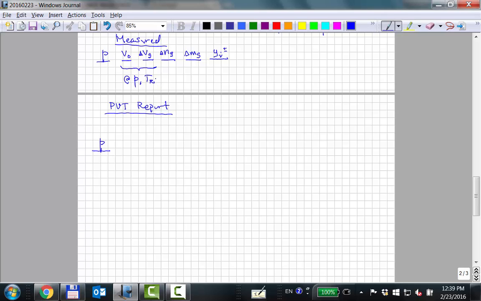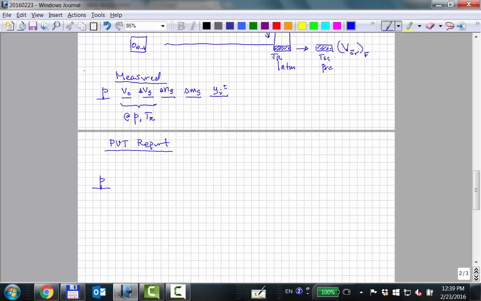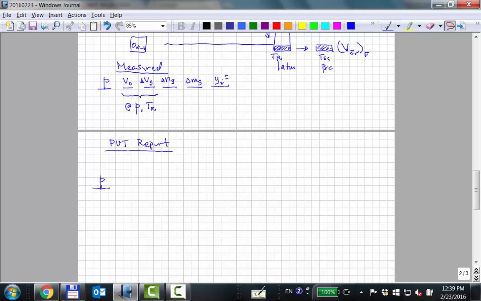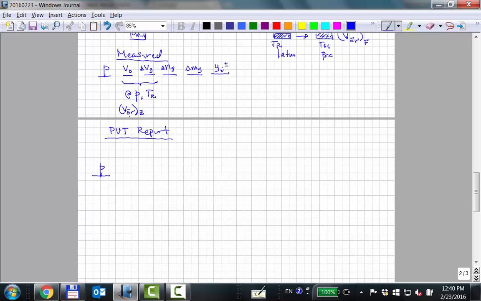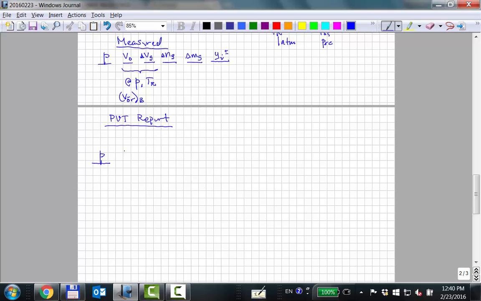So now that's what's measured. We also have this final residual oil volume, which I called B. What's reported is what we're going to call the differential, D for differential, oil volume factor.